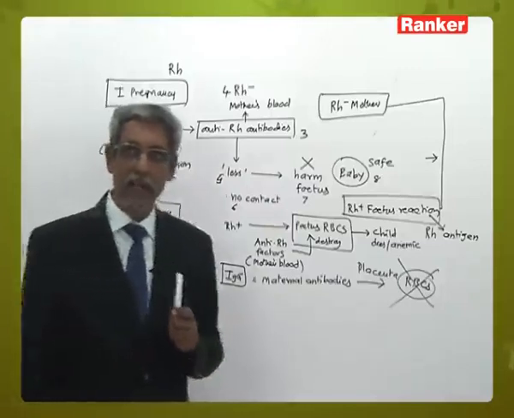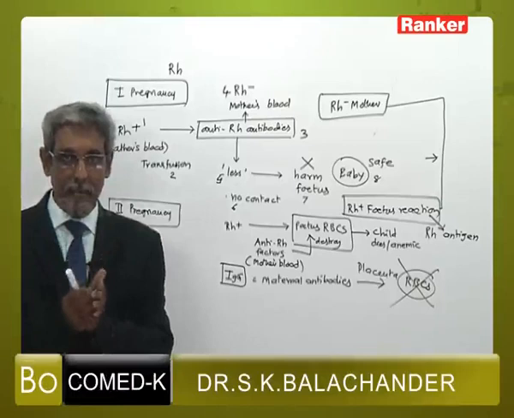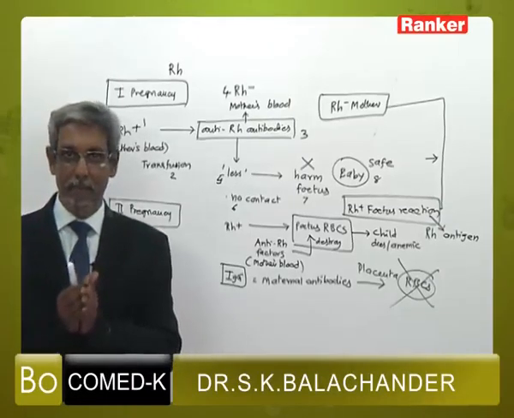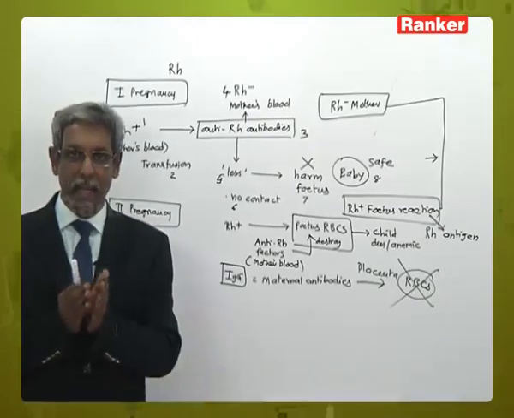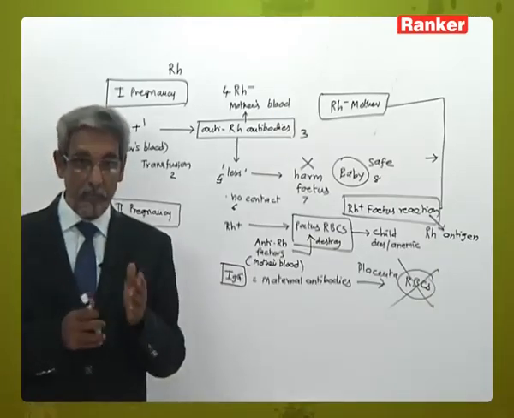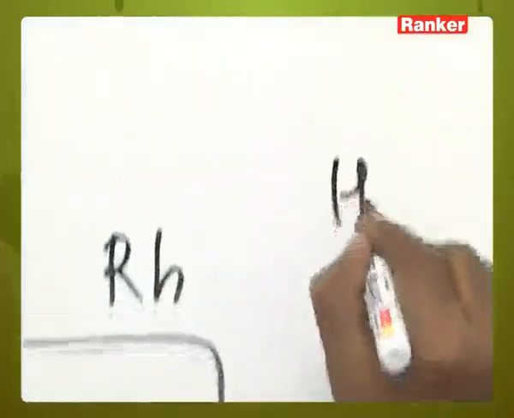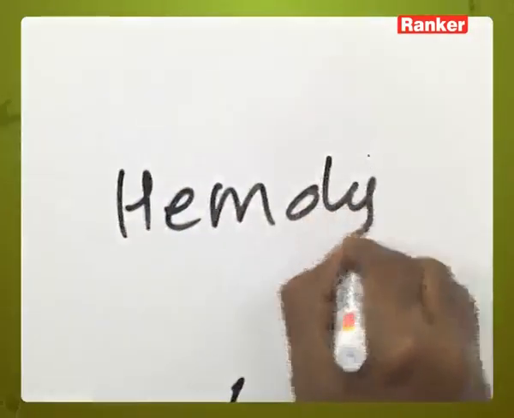Thereby, during the second pregnancy, we have the baby's red blood corpuscles and the IgG antibodies crossing the placenta. It results in the formation of a hemolytic disease.